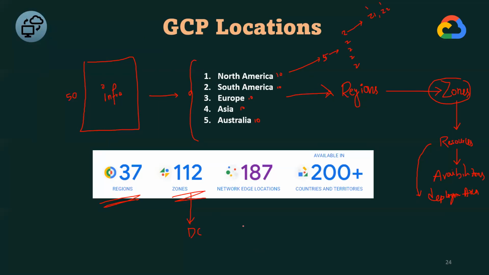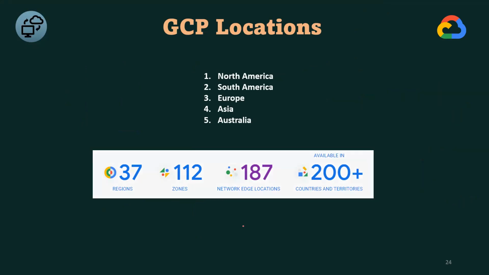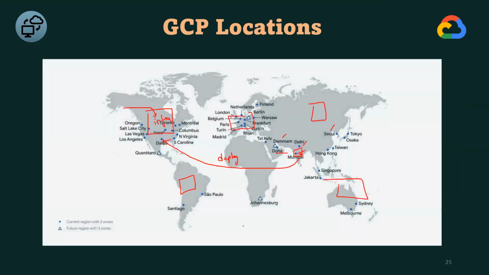Correct. No, no, Mumbai is one region and Delhi is one more region. So those are regions. These black color dots are regions.